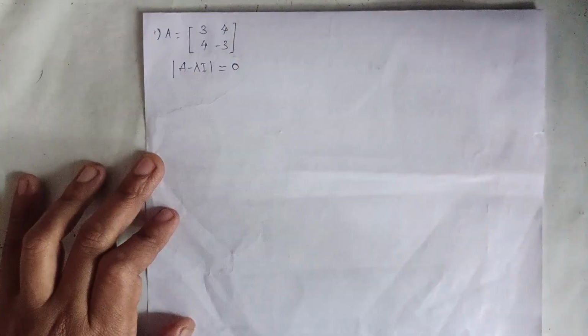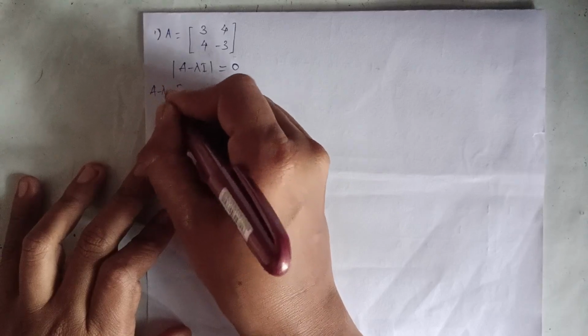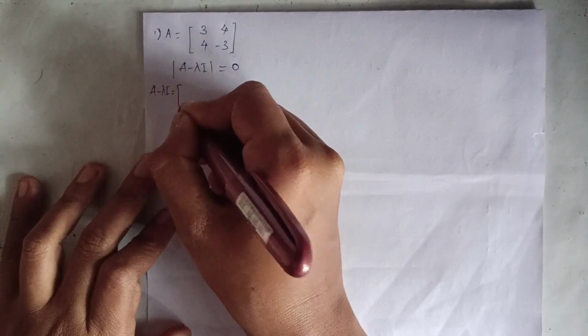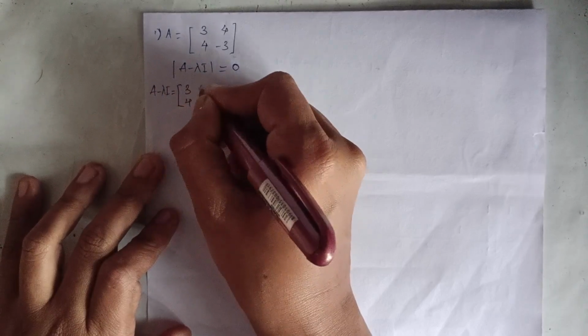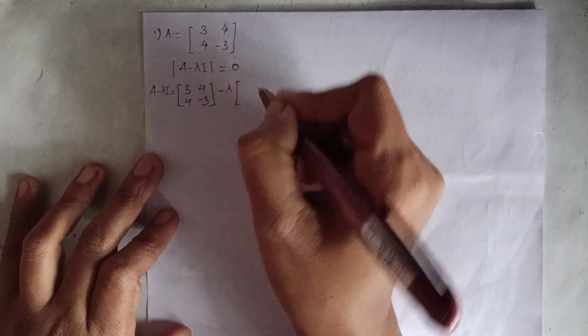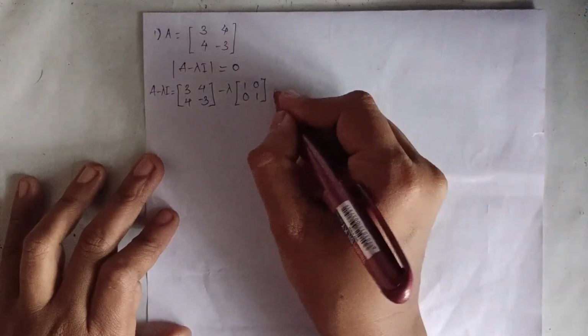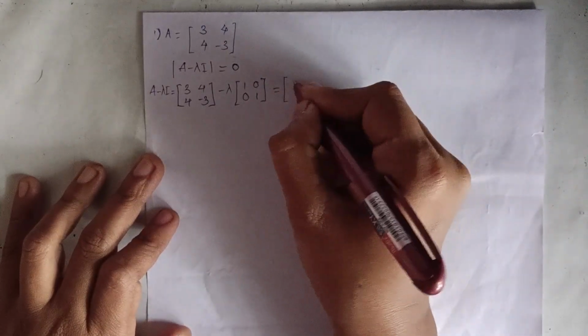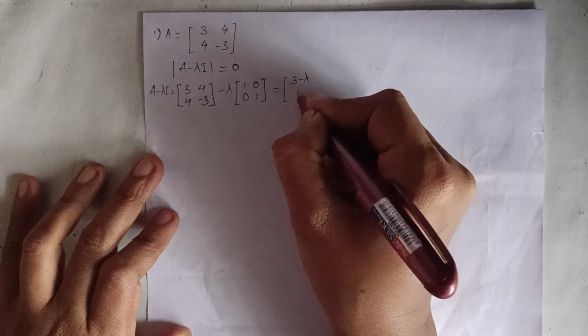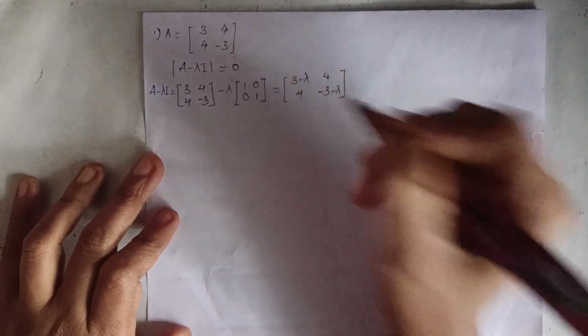Okay, so if I take A minus lambda I, then this will be 3 4 4 minus 3 minus lambda into 1 0 0 1. Okay, so this is 3 minus lambda 4 4 minus 3 minus lambda.